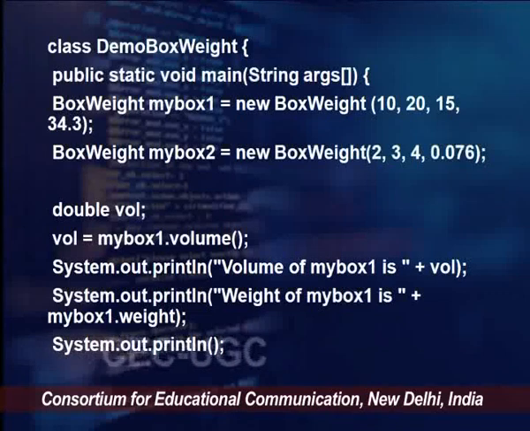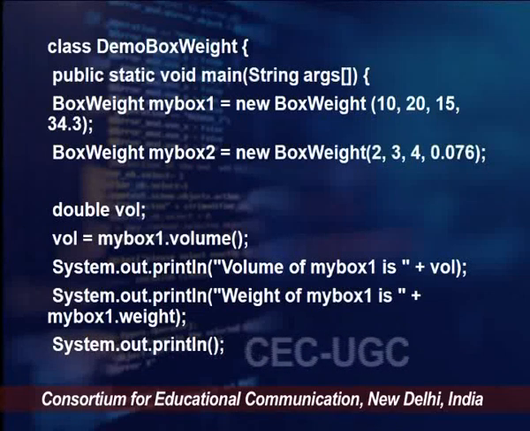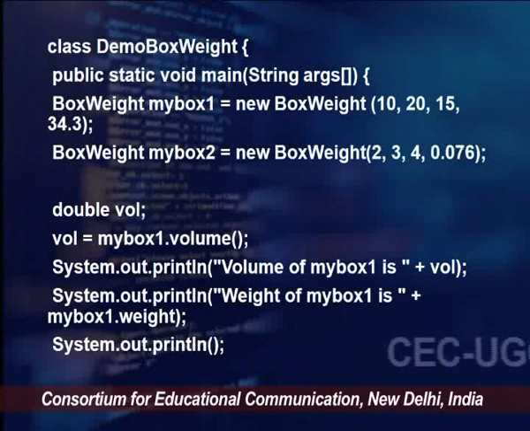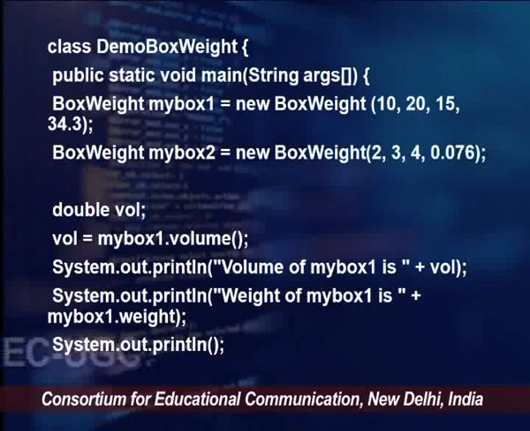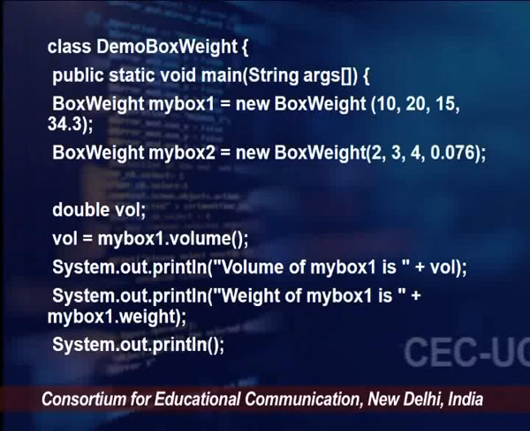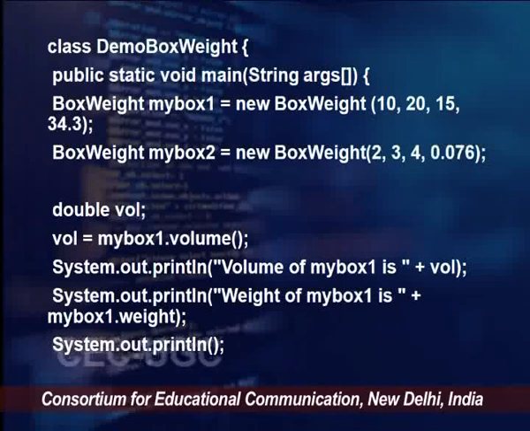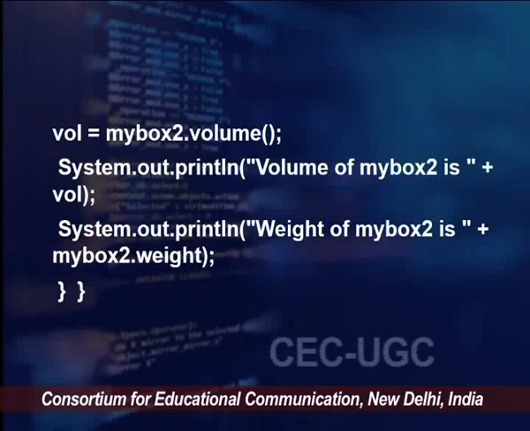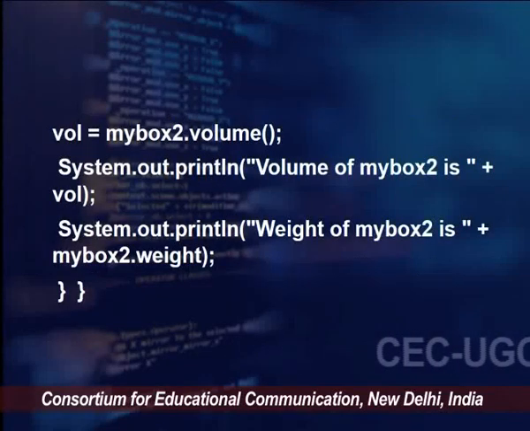So vol is equal to mybox1.volume. We have printed it, and then apart from printing the volume of mybox1, we have also printed the weight of this mybox1 by using the variable mybox1.weight. And this functionality is repeated for our next object, which is mybox2.